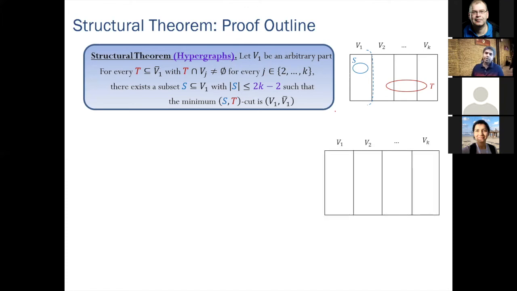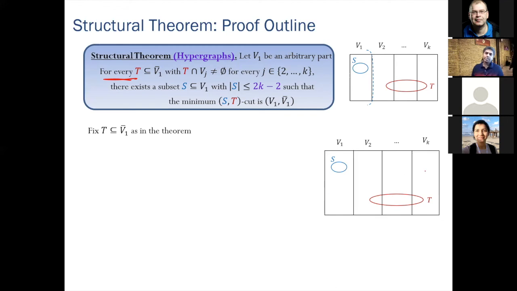Okay, let me redraw the optimum K partition V1 through Vk. We would like to show the structural theorem for every subset T of this form. So let us fix a subset T as in the theorem. That is a subset T that is disjoint from V1 and intersecting each of V2 through Vk. Now look at any subset S inside V1, not necessarily a small size subset.